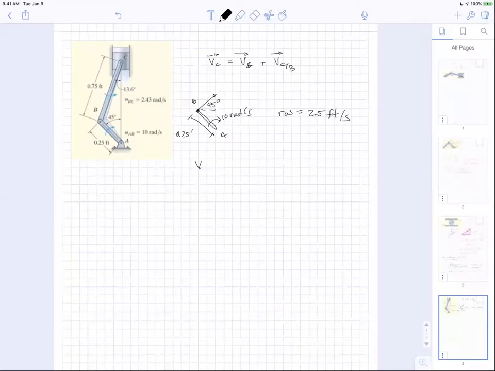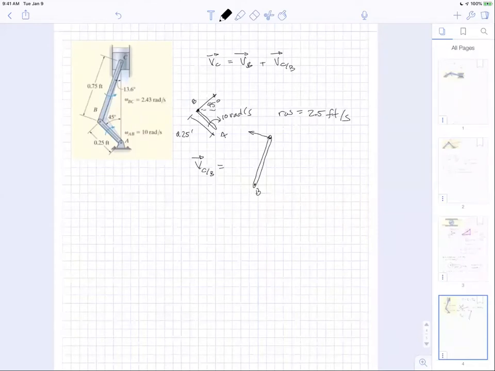Velocity of C relative to B means C rotating about B. We pretend B is fixed. There's C. It's rotating counterclockwise, so that one's shooting back like this.